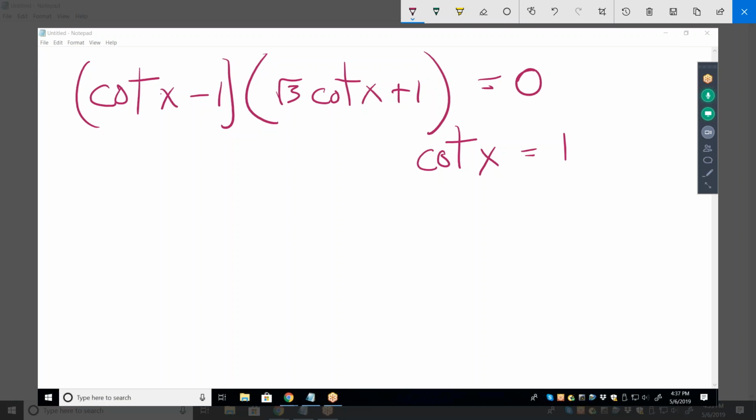They're inverses. Reciprocals. Okay, so if the cotangent of x equals 1, what's the tangent of x equal? Also 1. Yeah. Reciprocal of 1 is 1. Okay, now think of your two little triangles, and where is the tangent of x equal to 1?